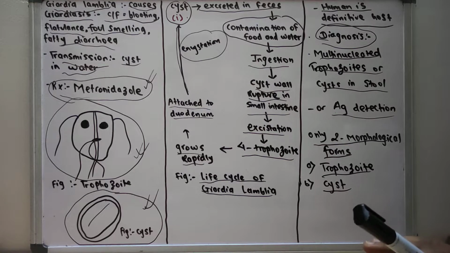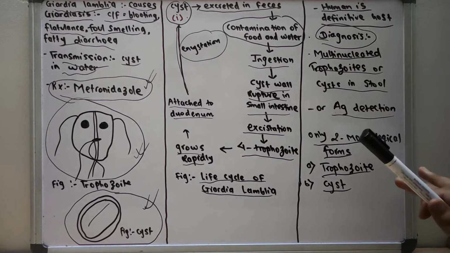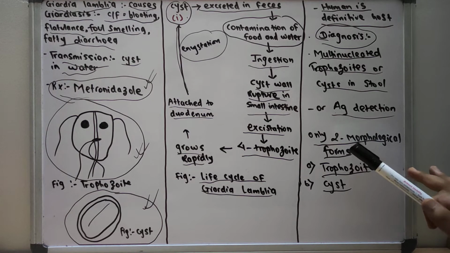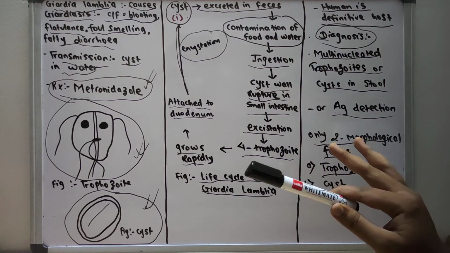Diagnosis is done through direct visualization of the multinucleated trophozoite or cyst in the stool. So this much for today about Giardia lamblia.